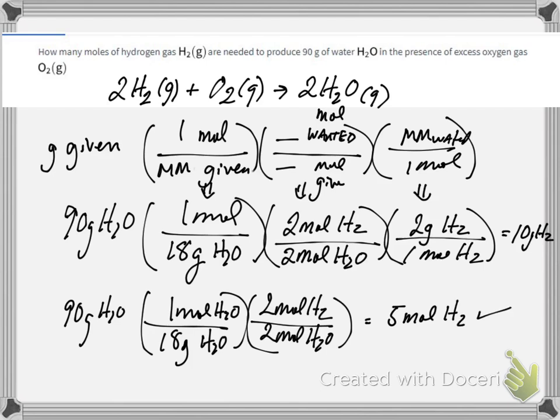So doing this problem is fairly straightforward if you have a balanced reaction and you use this formula: 1 over the molar mass times the ratio of the coefficients in the reaction times the molar mass of what is asked for.